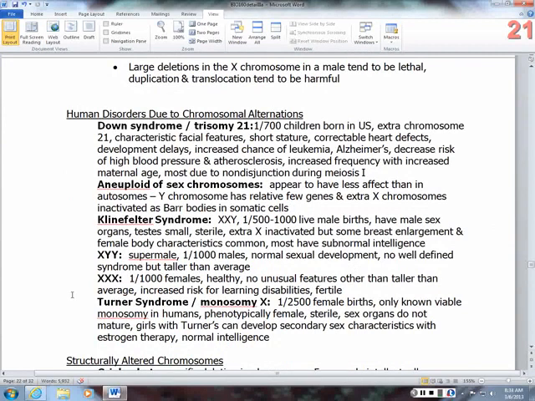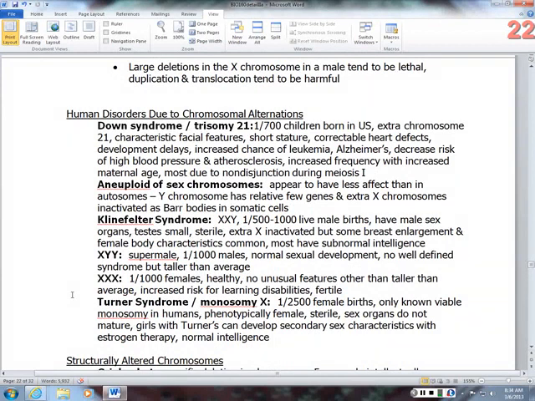So the human disorders due to chromosomal alterations. So Down syndrome or trisomy 21. This occurs in 1 in 700 children in the U.S. There is an extra chromosome 21. They will tend to have pretty characteristic facial features that will go with it in there. Short in stature. They'll tend to have kind of broad space between the eyes and a smaller nose in there with their facial features.